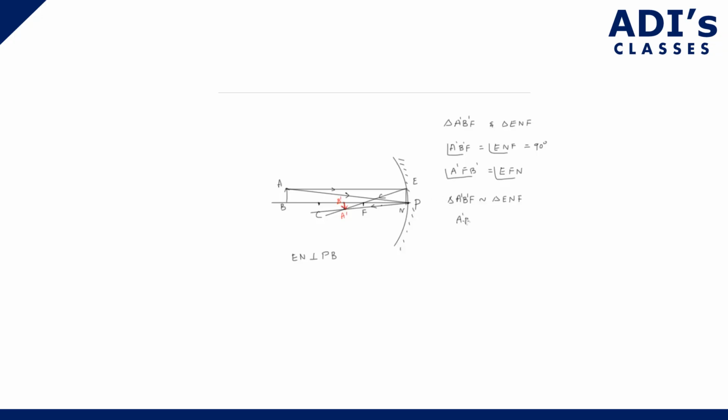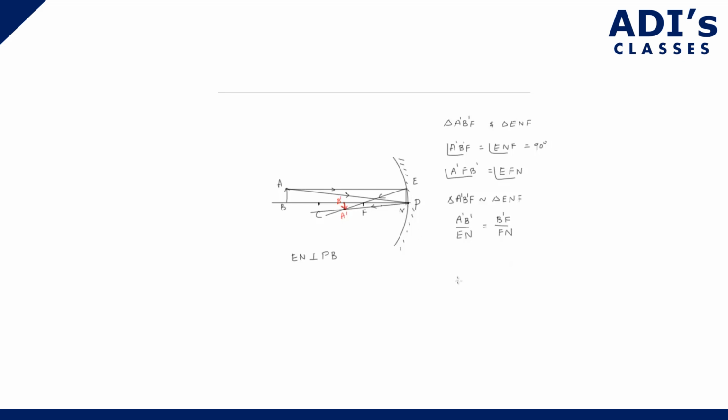So A'B' divided by EN is equal to B'F divided by FN. Now Pn is very close, correct?